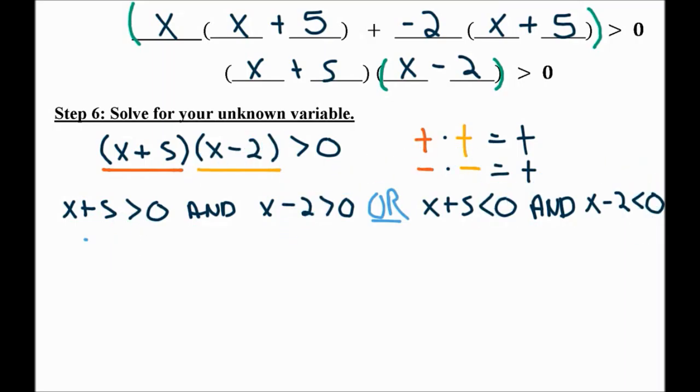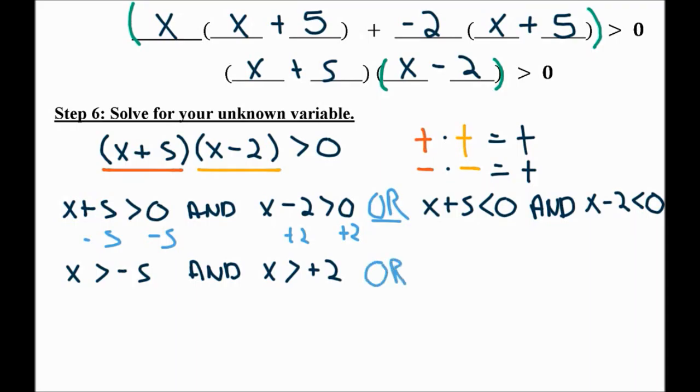So we start by solving the first one by subtracting 5 on both sides, and we get x is greater than negative 5, and here, okay, plus 2, and we end up getting x has to be greater than 2. So these are our constraints. These are telling us what our constraints are on x.